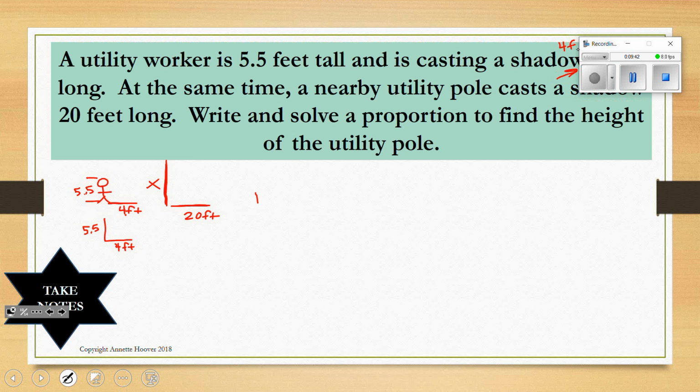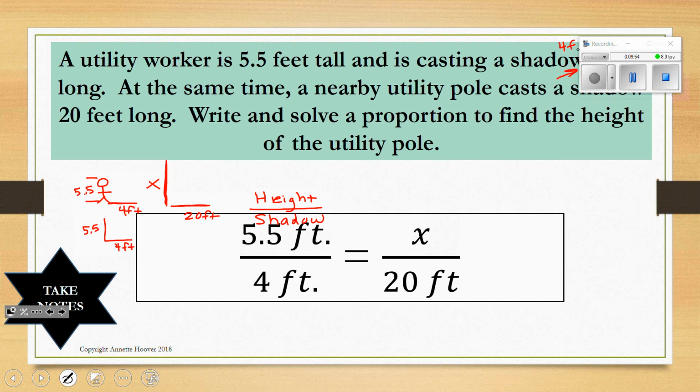So if we do height to shadow, we have to do that for both of the ratios. So when we set that up, it would be 5.5 feet for his height and 4 feet for his shadow. Then for the pole, we do not know the height, but we know that the shadow is 20 feet.